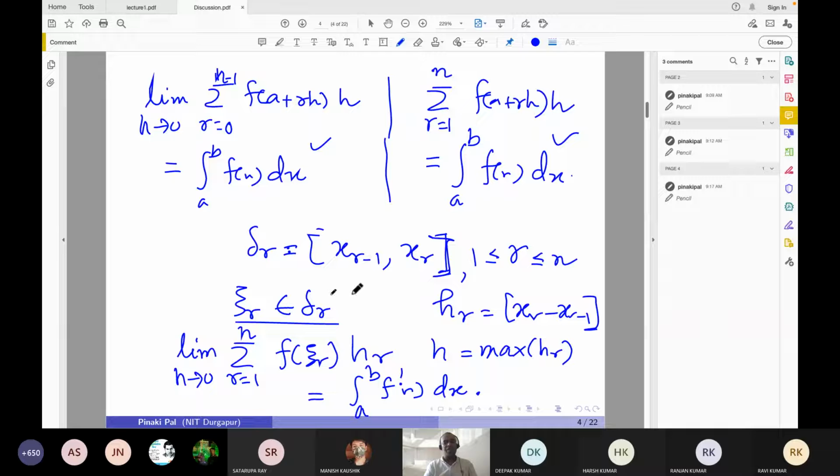It can be shown in terms of a theorem that instead of taking the left hand endpoint or right hand endpoint, you can in fact take any point from the subinterval. Then also it will converge to the same value. As far as analytical calculation is concerned, previous definitions are easier, I would say.